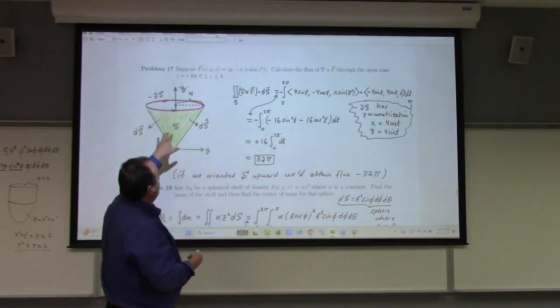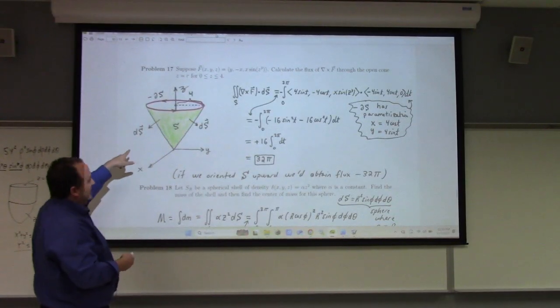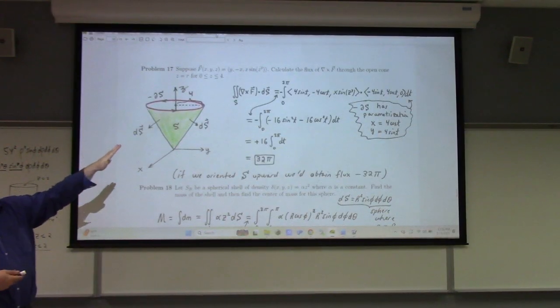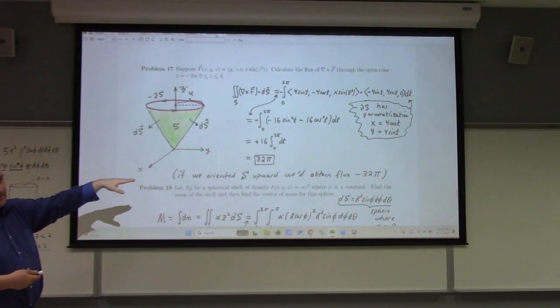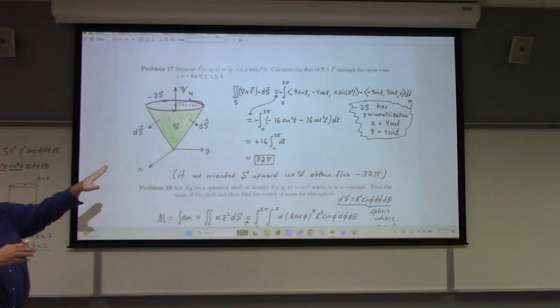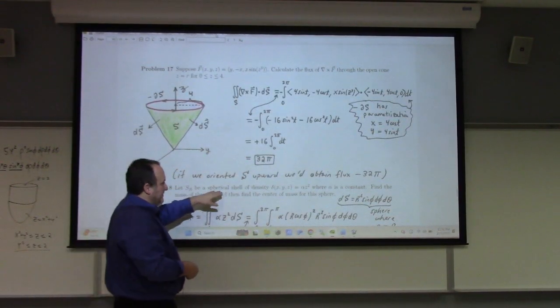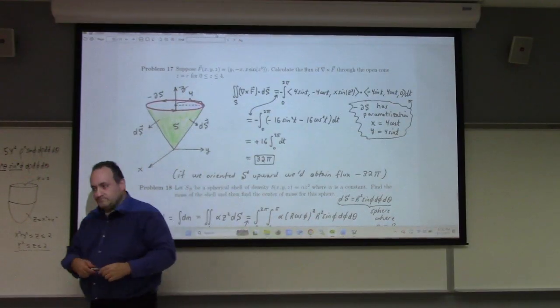This one is ambiguous because I didn't actually say what the orientation of the cone was. If I had put downward oriented cone, then that answer would be certain. But if I had put upward oriented cone, then the answer should have been minus 32 pi.